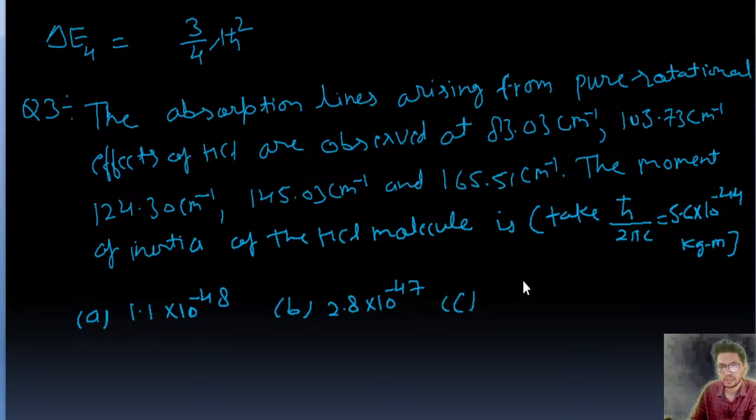Option C is 2.8 into 10 to the power minus 48. And option D is 1.1 into 10 to the power minus 42. These are kg meter square.